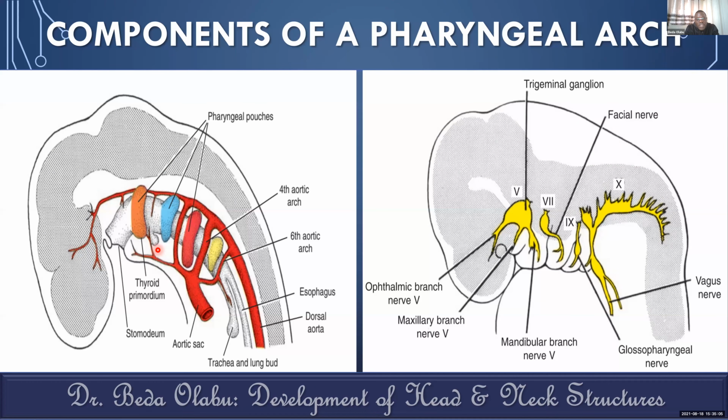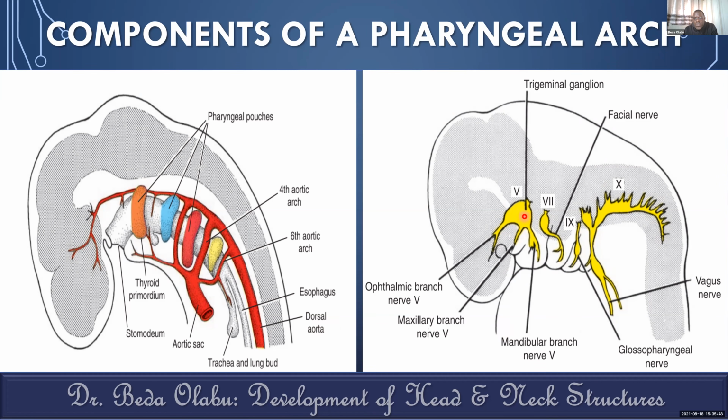And so you'll expect the first aortic arch artery, the second, the third, the fourth, and the sixth aortic arch arteries. These aortic arch arteries arise from the aortic sac in front, and they terminate into another primitive vessel behind, which we call the dorsal aorta. When we discuss development of the cardiovascular system, you'll then understand what an aortic sac is, what these aortic arch arteries are, and what this dorsal aorta is.